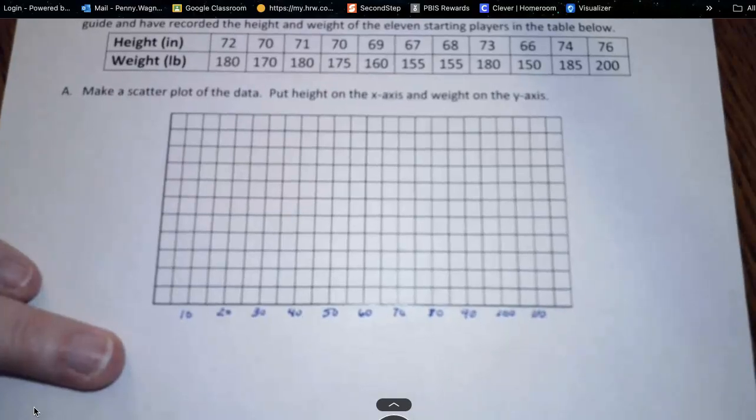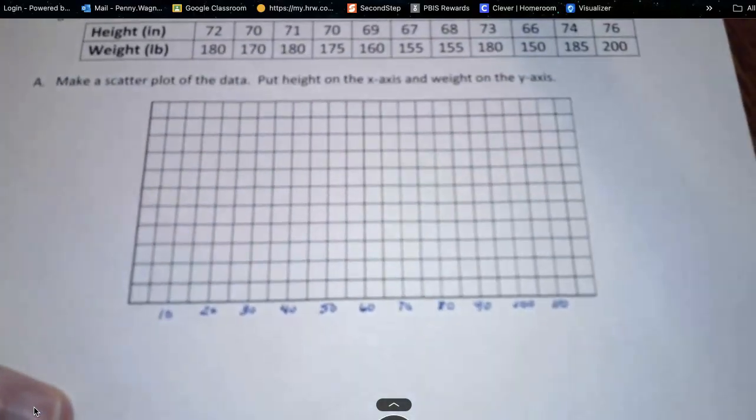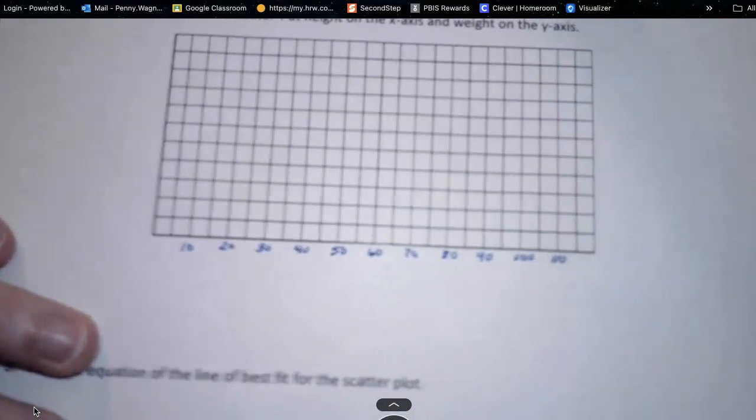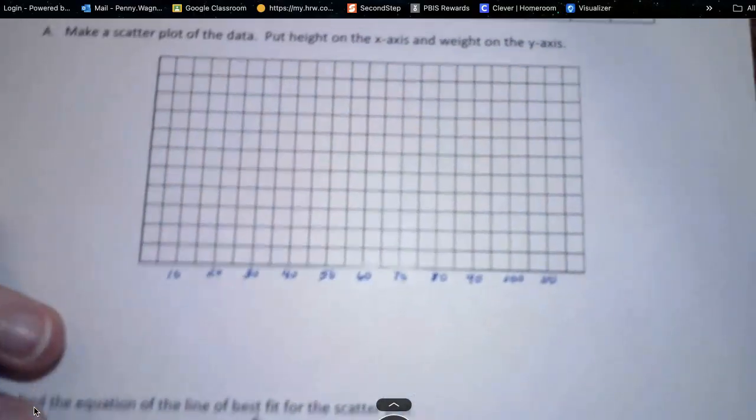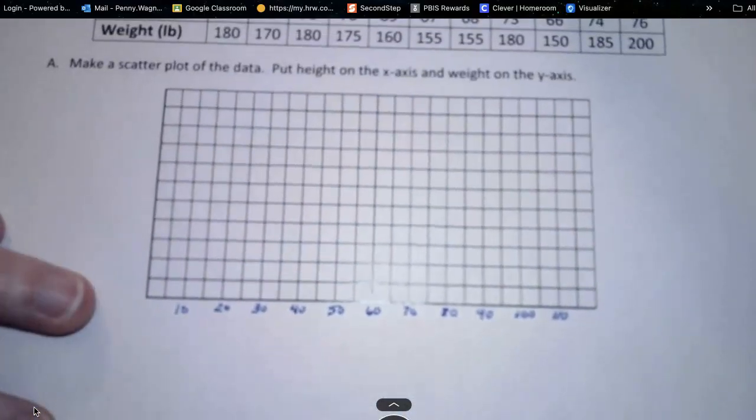Okay, so I get it going across to 110. Okay, then I'm going to go up so that I go from 150 to 200.